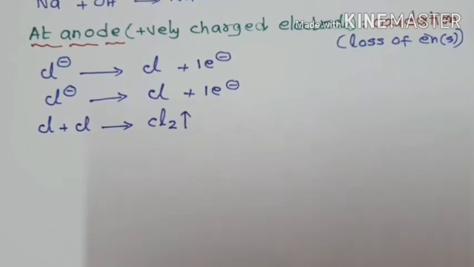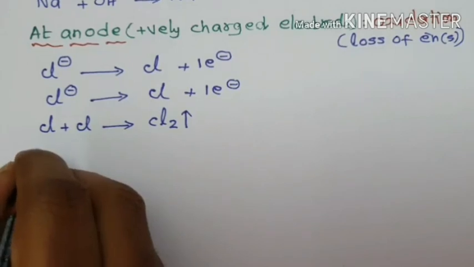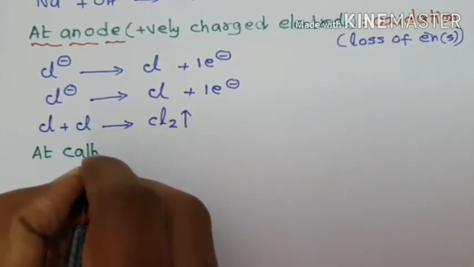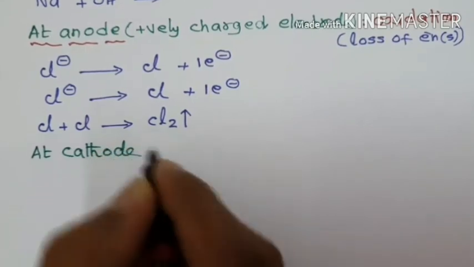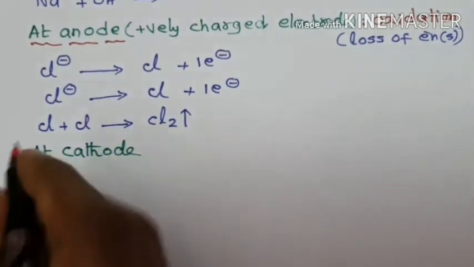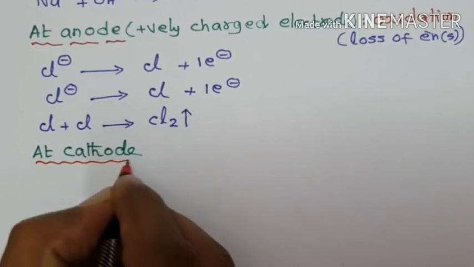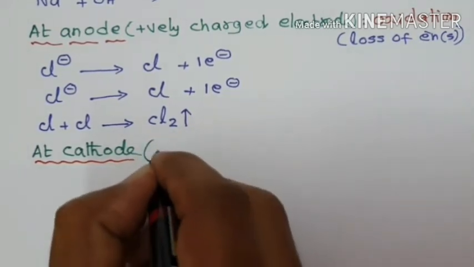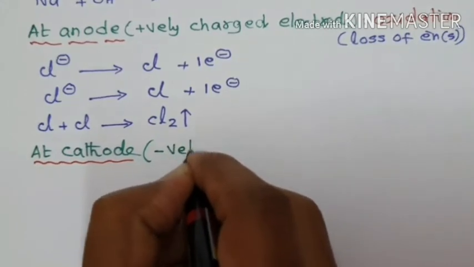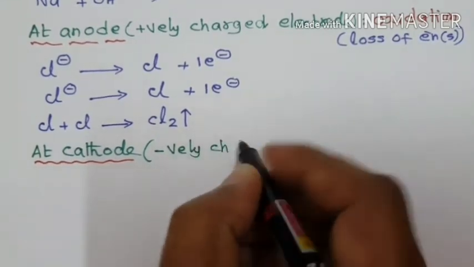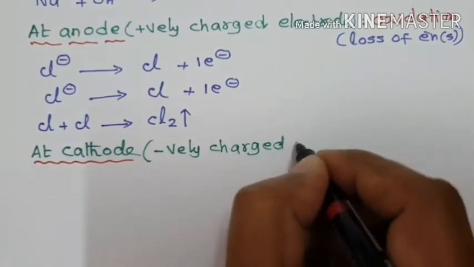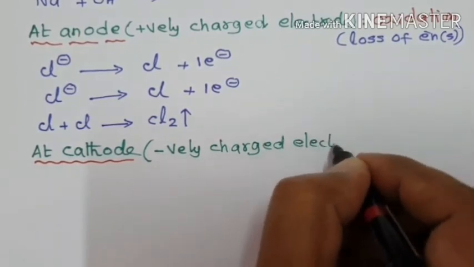What happens at the cathode? We know a cathode is a negatively charged electrode.